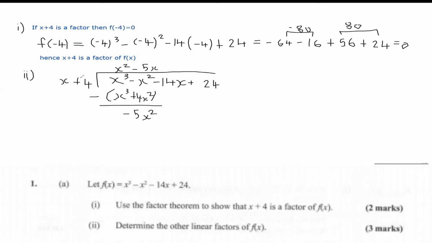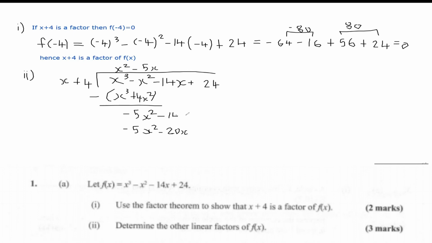Then we say minus 5x times x. Minus 5x times x is minus 5x squared. And then minus 5x times 4, that's minus 20x. But don't forget we have to bring down our minus 14x here.